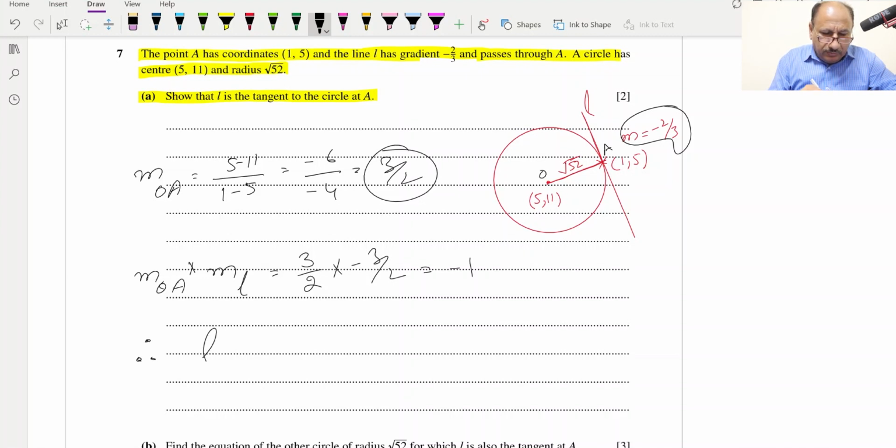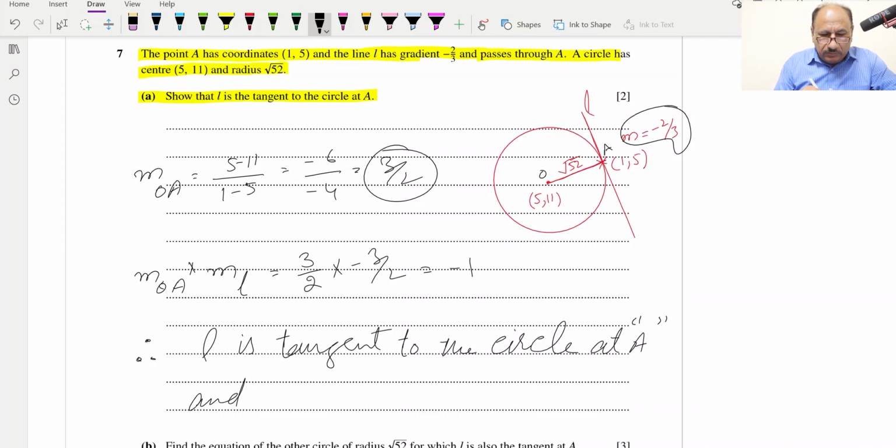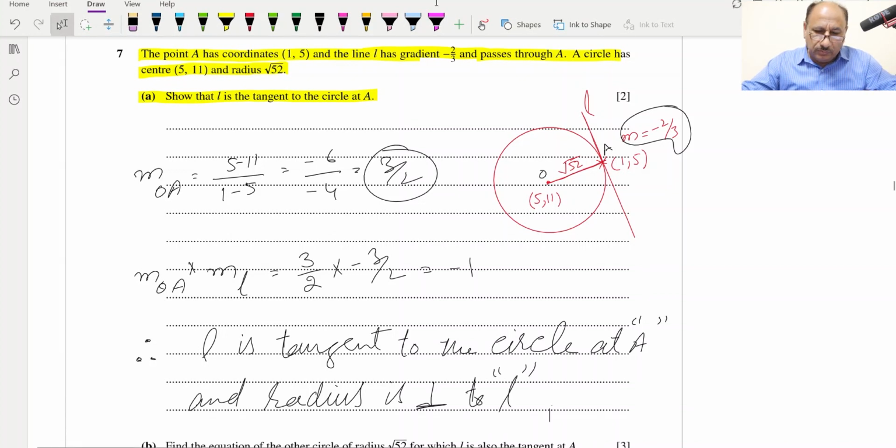Therefore L is tangent to the circle at A, and the radius is perpendicular to L. So this will be our answer.